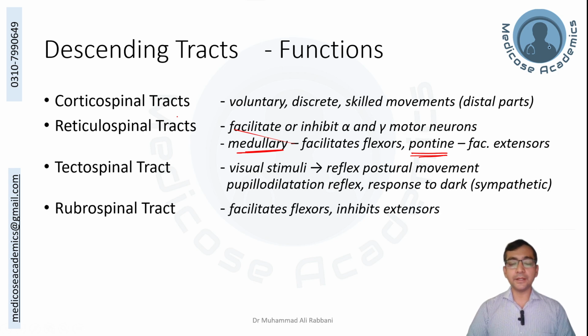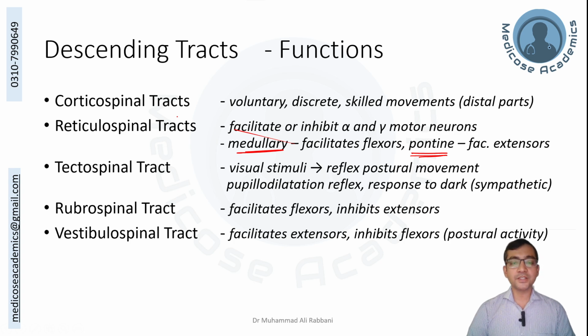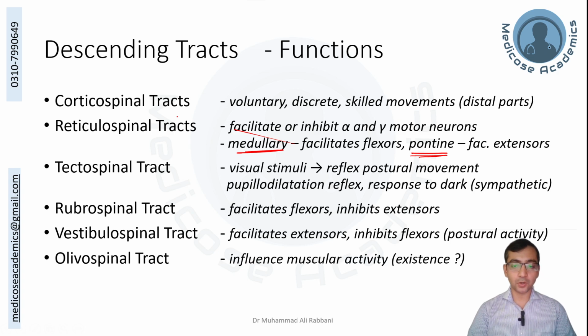Rubrospinal tract, it is a tract that comes from the red nucleus of the midbrain, and it facilitates the flexor muscles and it inhibits the extensor muscles. Vestibulospinal tract, it is coming from the lateral vestibular nucleus majorly, the vestibular nuclei, and it facilitates the extensor muscles, the ones that make you straight and make you stand up, and inhibits the flexor muscles.